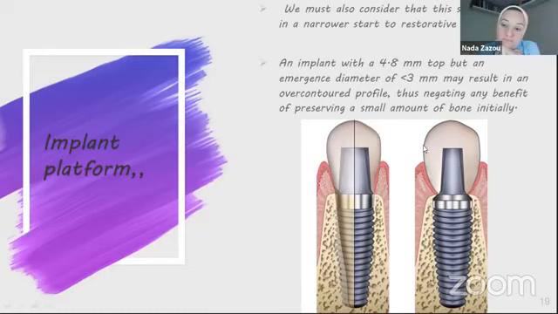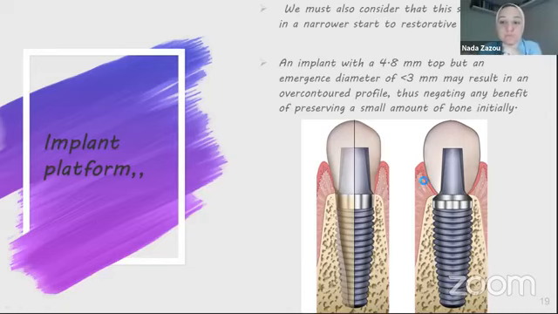And they said that if I make platform switched implants and I gain an amount of bone, this bone will be lost if I make an over-contoured restoration above it. It will have plaque accumulation and bacteria and, of course, peri-implantitis, causing me to lose the bone I gained from the platform switch. So again, when to do what?